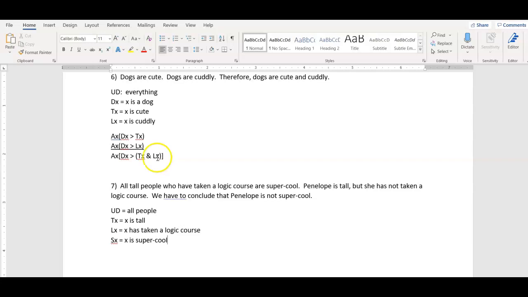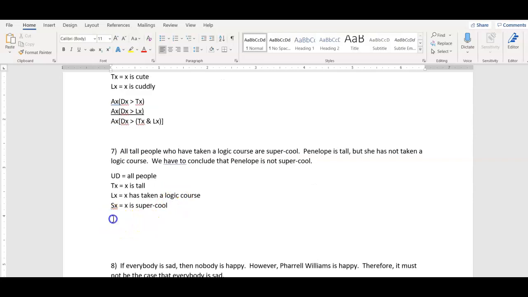Since we set the UD to be all people, we don't need a specific predicate for people. If we set the UD to everything, then we would need a predicate for person. So that's one of the ways that setting the UD to people is helpful.